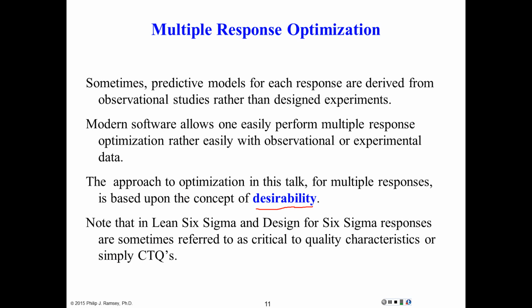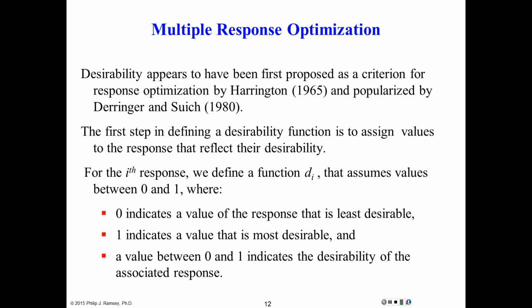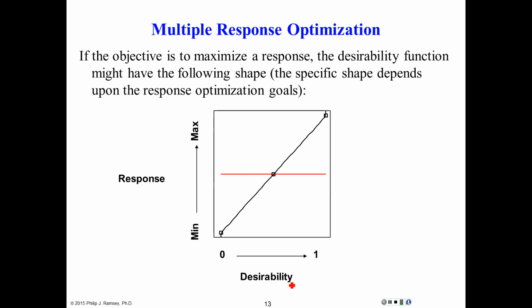And desirable can typically be thought of in terms of, and I'm going to skip through some of these details, they're not necessary. Some of the mathematical details, you have the notes to read. But as I was saying, there are basically 3 things you think about. Maximizing, in other words, bigger is better.